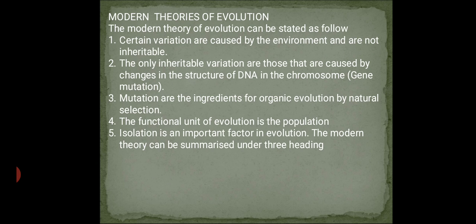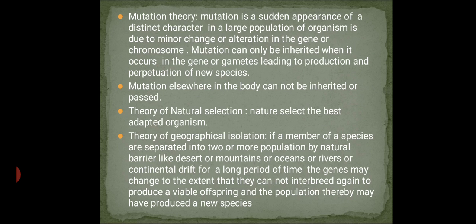This modern theory of evolution can be summarized under 3 headings. The first one is mutation theory. The second one is theory of natural selection. The third one is theory of isolation or geographical isolation.